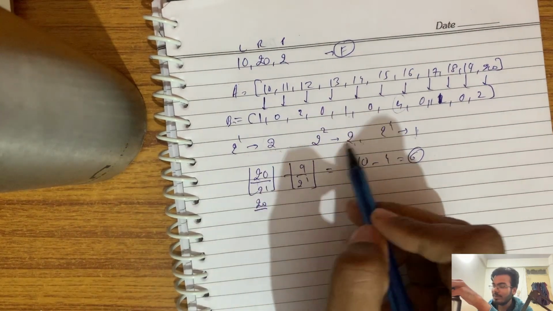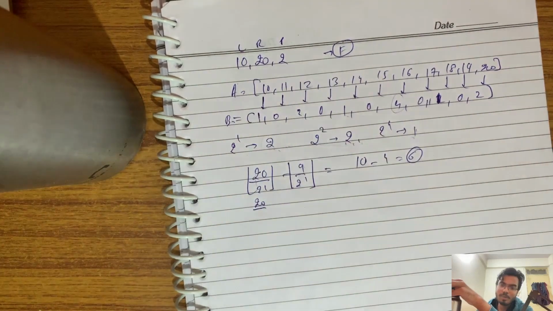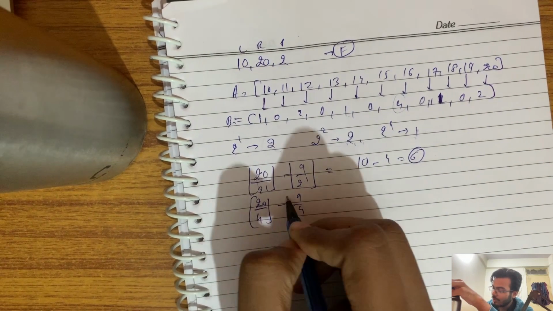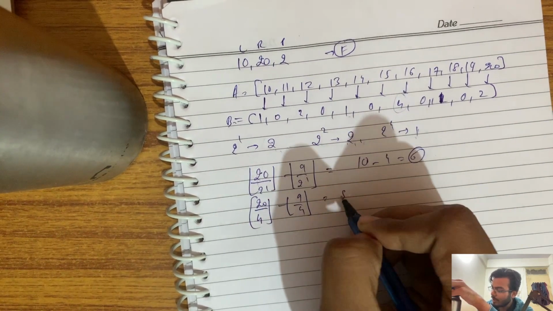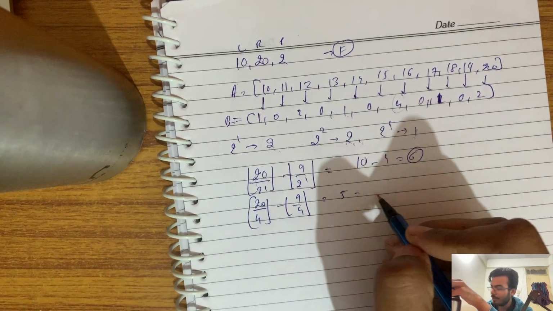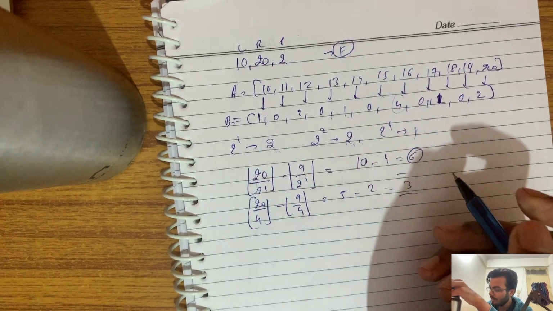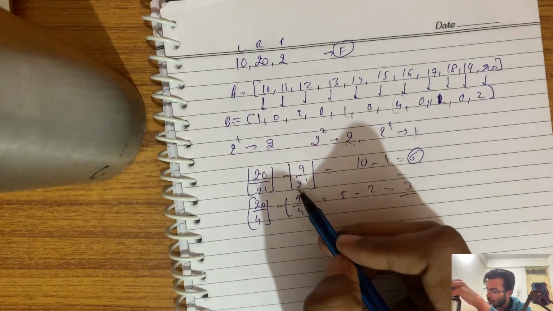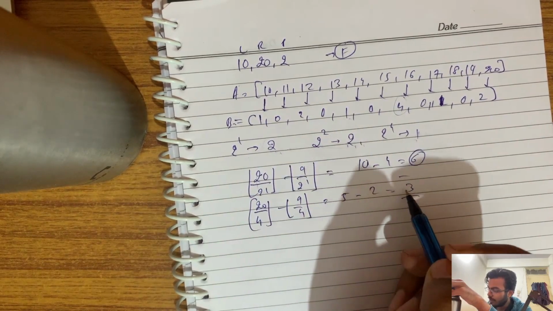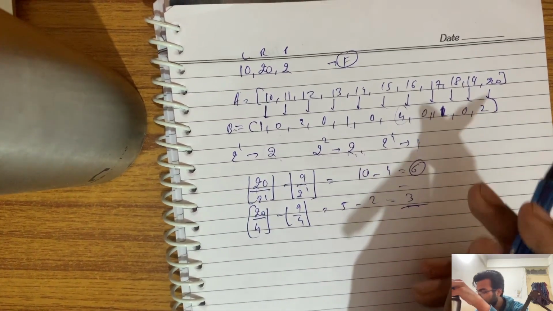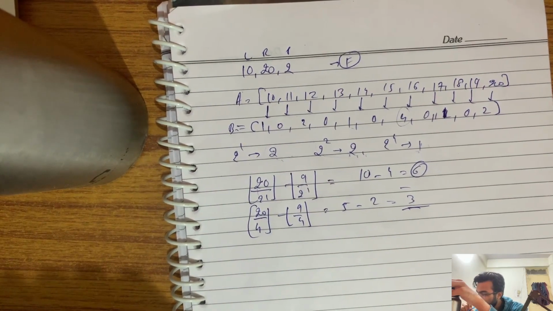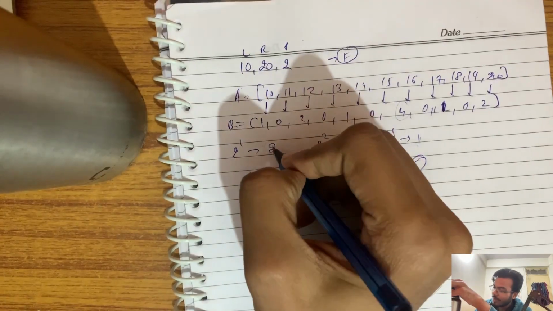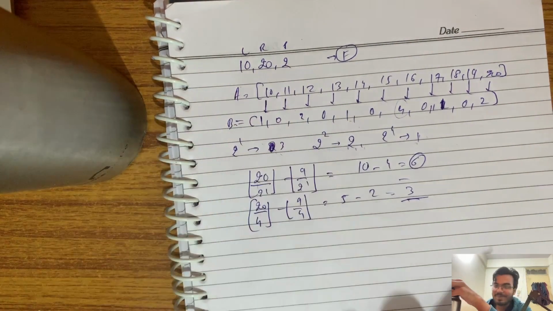So just consider the multiples of one more power of 2: 20 upon 4 is 5, minus 9 upon 4, which is 2, giving 3. And 6 minus 3 is 3. I think I made some mistake earlier, but actually this should be 3. Sorry about that.